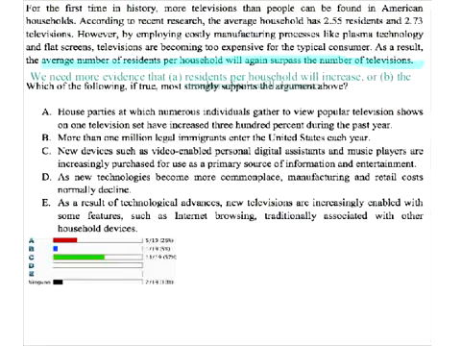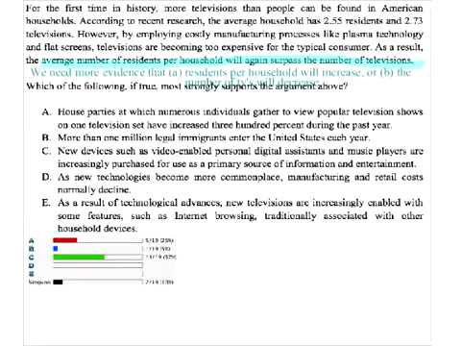If you have evidence that the number of residents per household will actually go up, then that would also support the conclusion. If you have evidence that the number of TVs will decrease, that will also support the conclusion. So choice A: house parties at which numerous individuals gather have increased a lot during the past year.